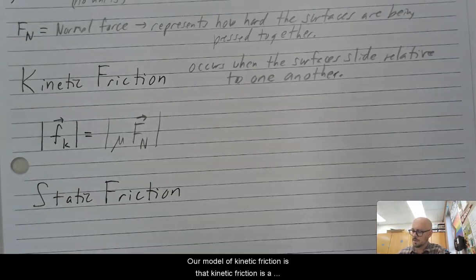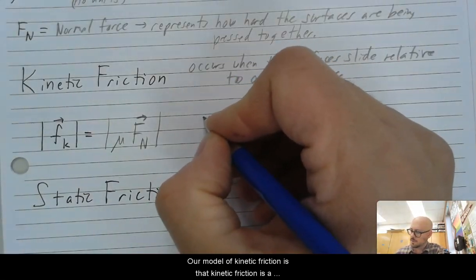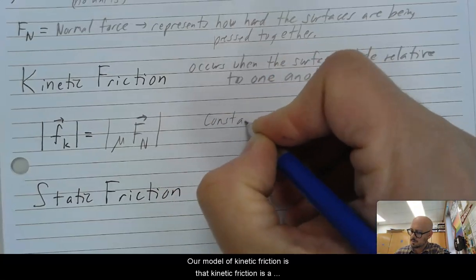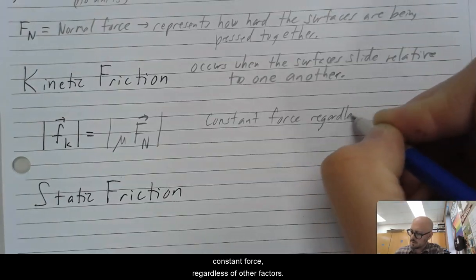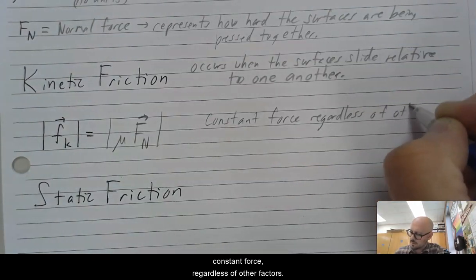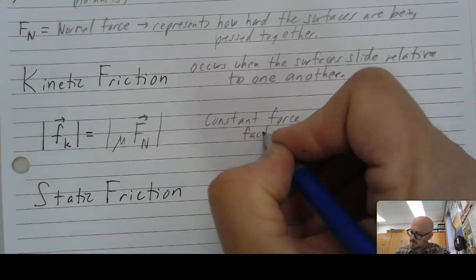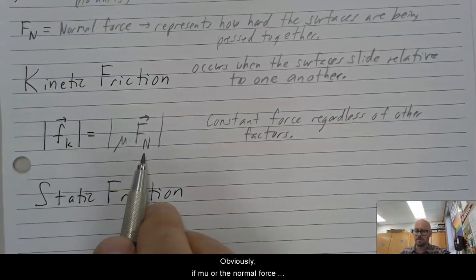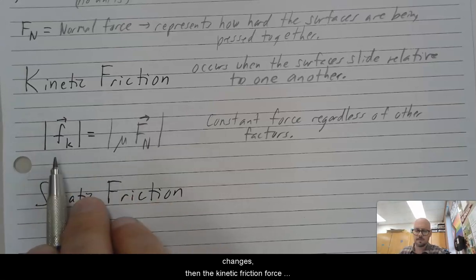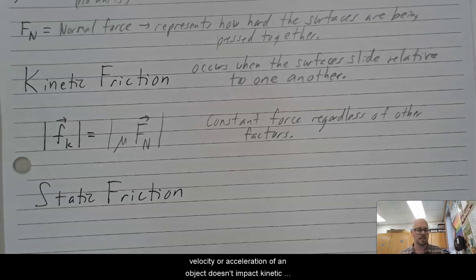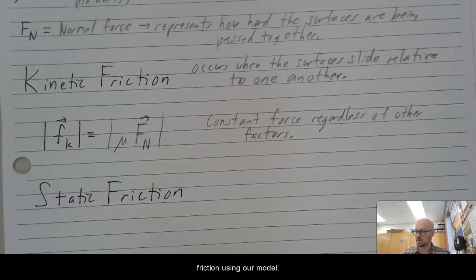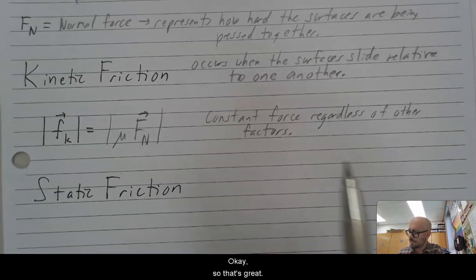Our model of kinetic friction is that kinetic friction is a constant force regardless of other factors. Obviously, if mu or the normal force changes, then the kinetic friction force has to change with it. But other forces that are acting on the object or the velocity or acceleration of an object don't impact kinetic friction using our model. Okay, so that's great.